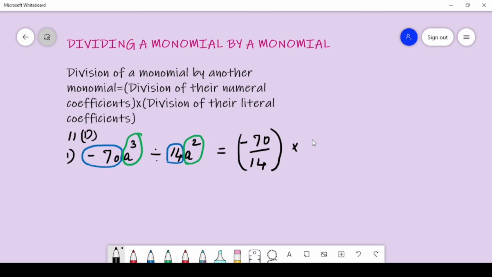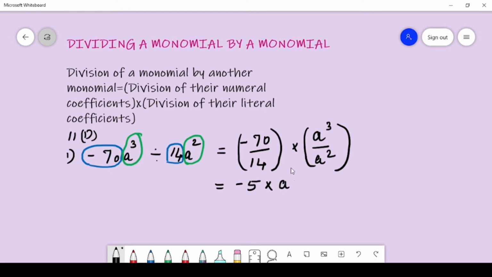This will be a cube divided by a square. Now, when you divide, how much do you get? How many times will 14 go into 70? 14 into 5 is 70, isn't it? So it goes 5 times. The negative sign is there, so negative 5, multiplied by a cube by a square.